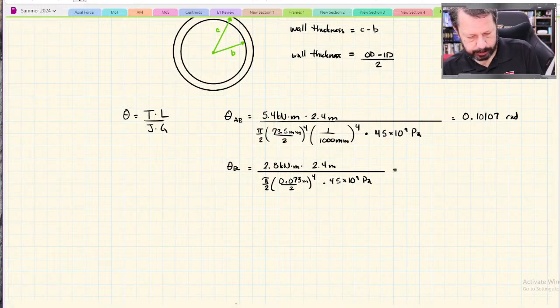Whoops. It does help if I put the right numbers into the equation though.